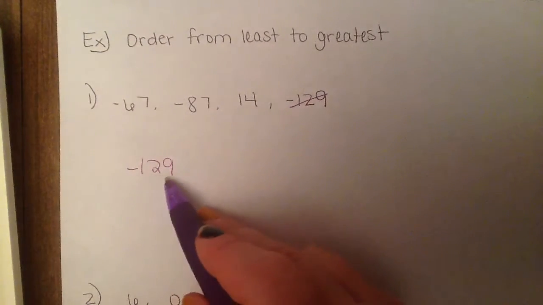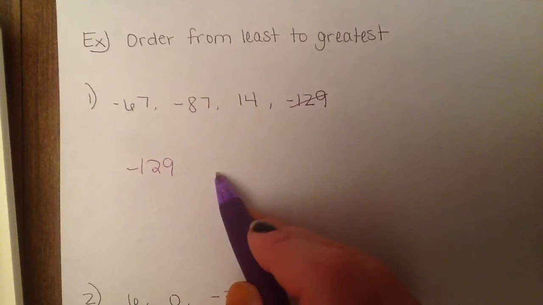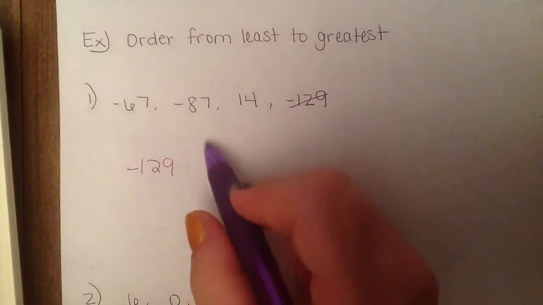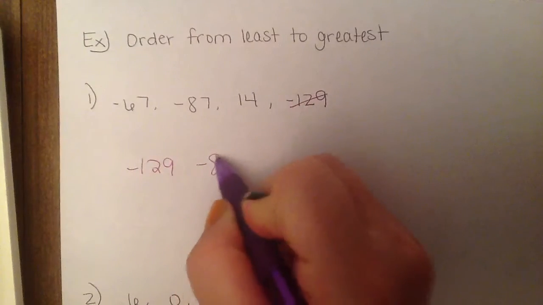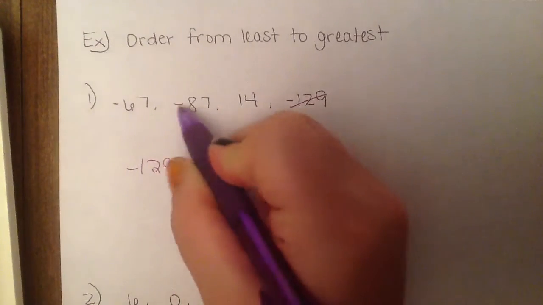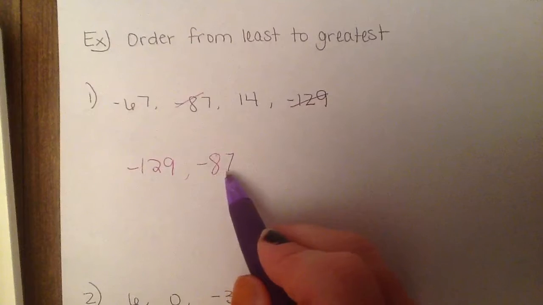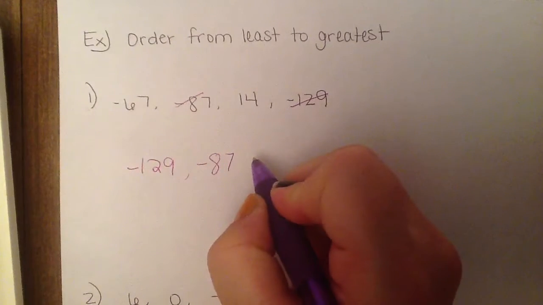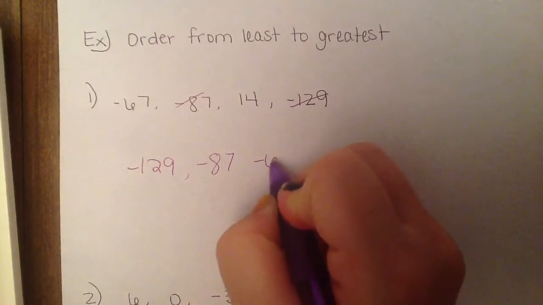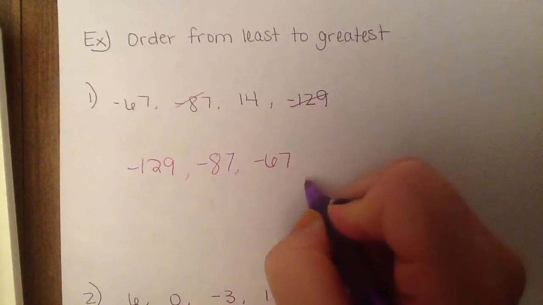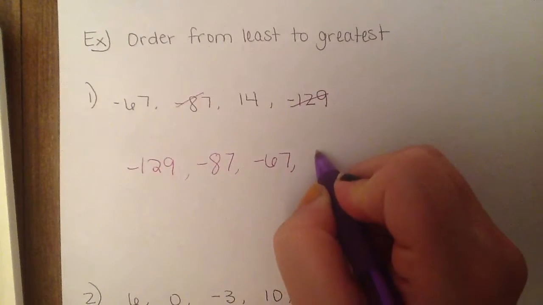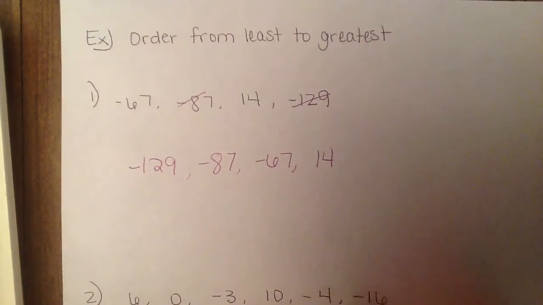As we continue to move to the right, which one would we hit next on a number line? Negative 87. Keep going on our number line, what would we hit next? Negative 67. And the largest number, the only one left? 14.